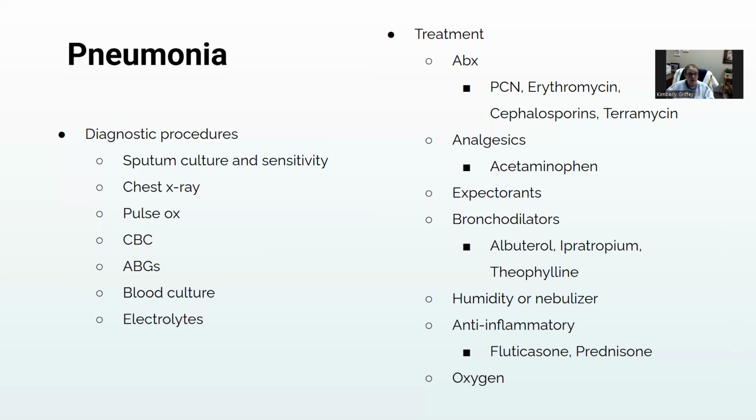They may need humidified or nebulized O2. And they may need anti-inflammatory respiratory meds like fluticasone and prednisone, and oxygen if needed. So they may need supplemental oxygen if they continue to have respiratory disorders.